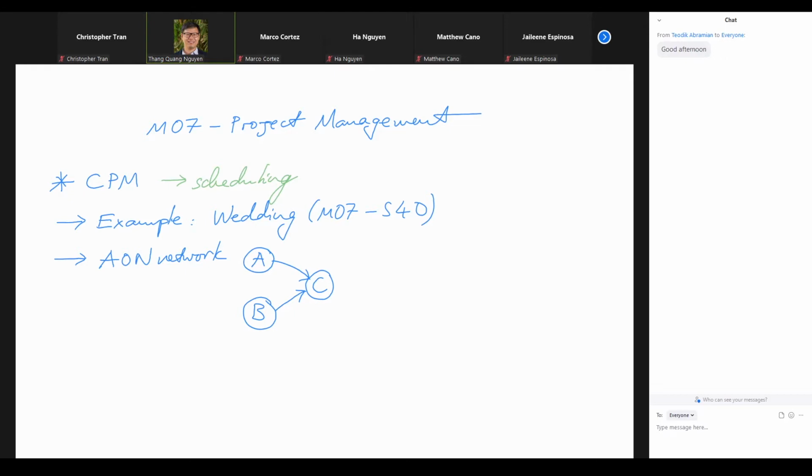And then the activity D is choosing entertainment. It can only be started or done after A is already done, right? So there's another arrow going from A to D. And then we need to choose catering. To do that, we have to know the date. So there's an arrow going from A. And then we also need to know how many guests there would be, right?